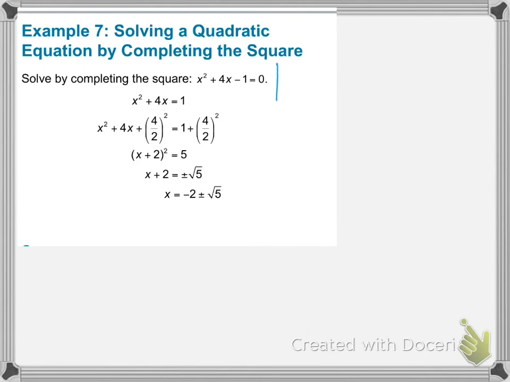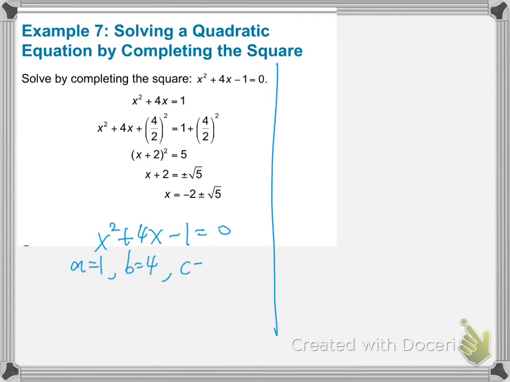Let's solve this example. First, x squared plus 4x minus 1 is 0. What is a? A is 1, b is 4, and c is negative 1. The completing square method means we want to change ax squared plus bx, a is 1, so let's delete the a part.